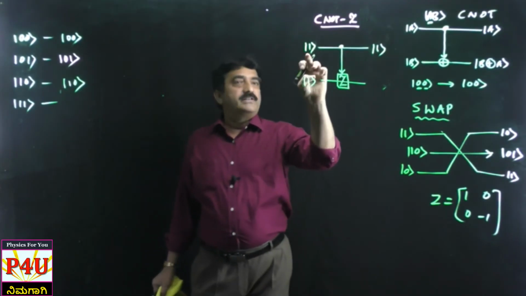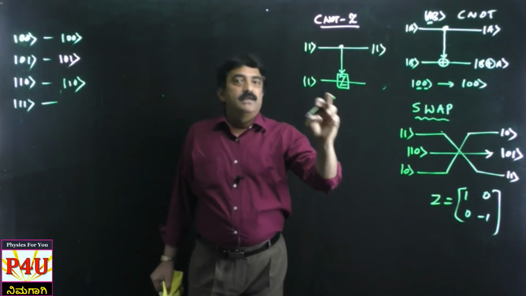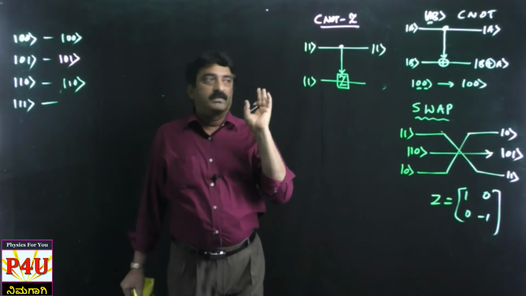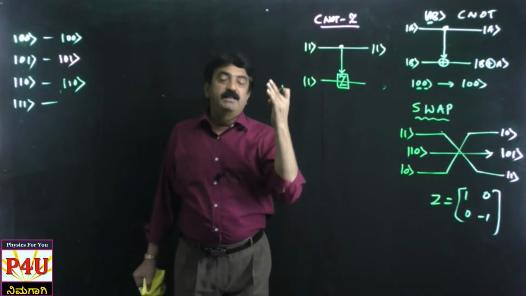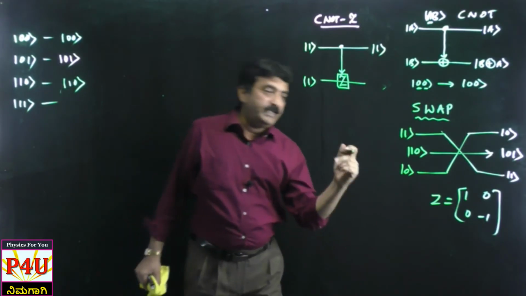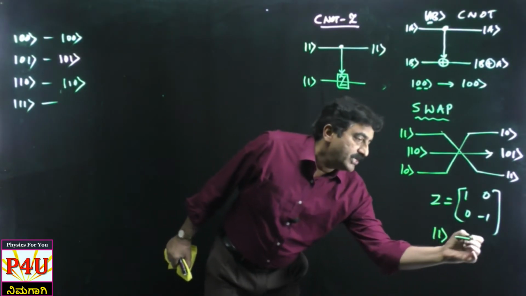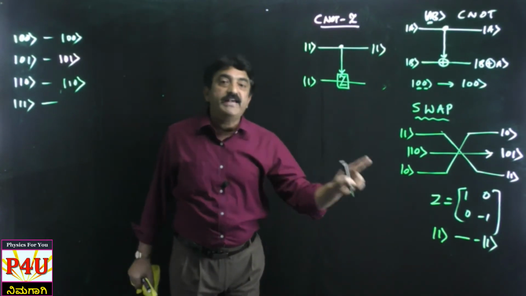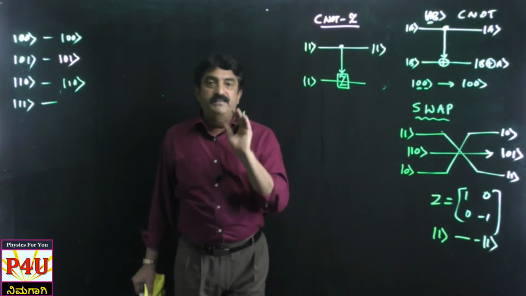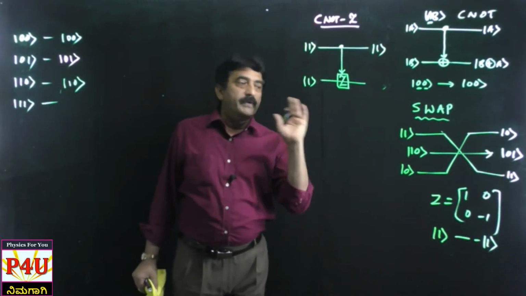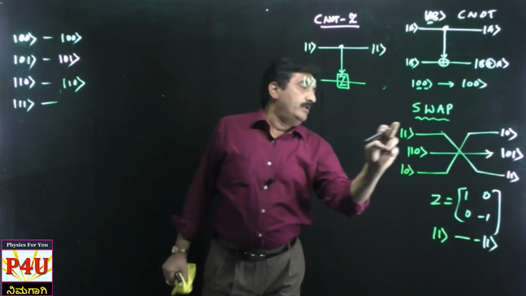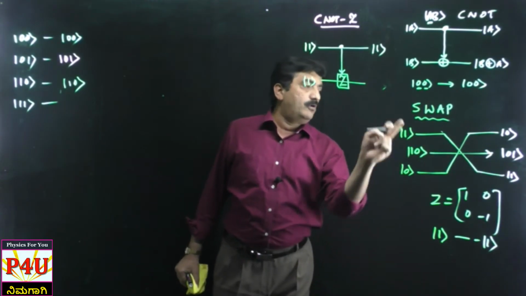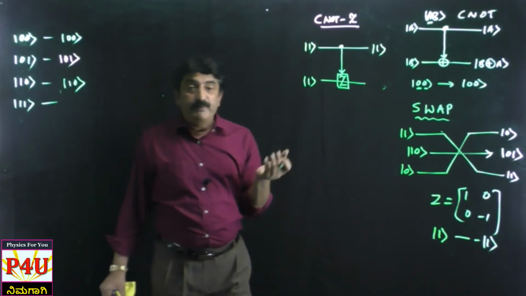Now, control is ready to act, and Z is ready to respond, because in the Z gate, ket 1 changes to minus ket 1. That is why it is called a phase flip gate. X is called bit flip: 0 becomes 1, 1 becomes 0.